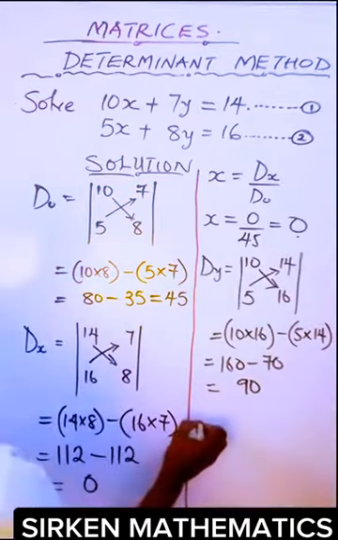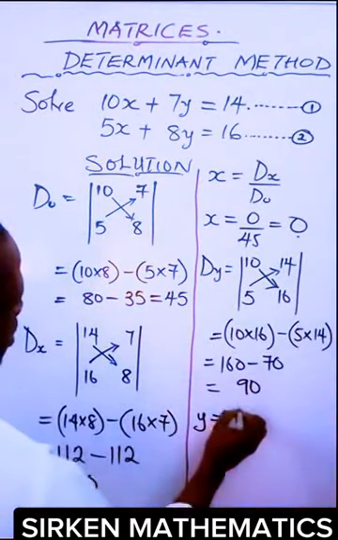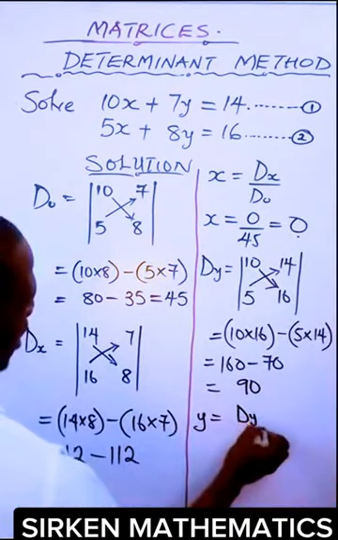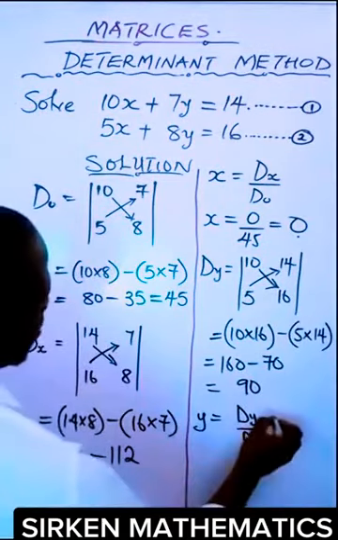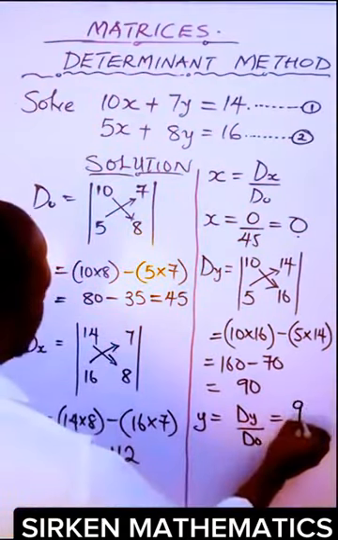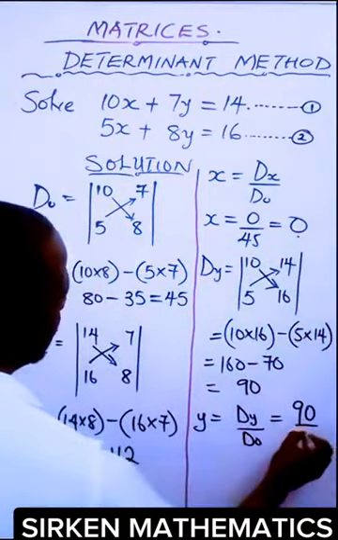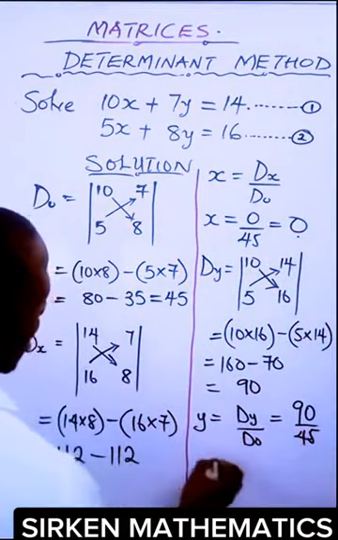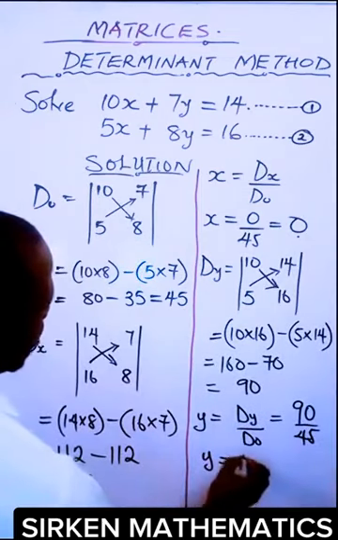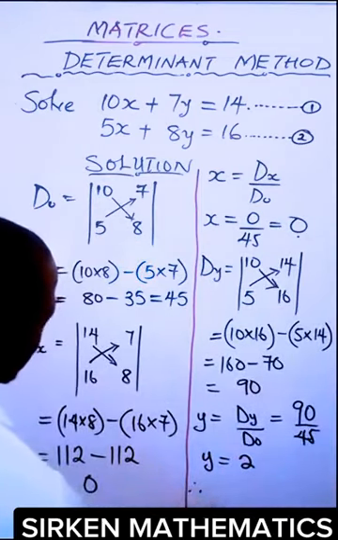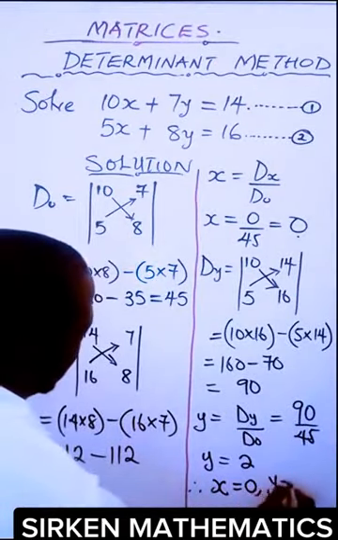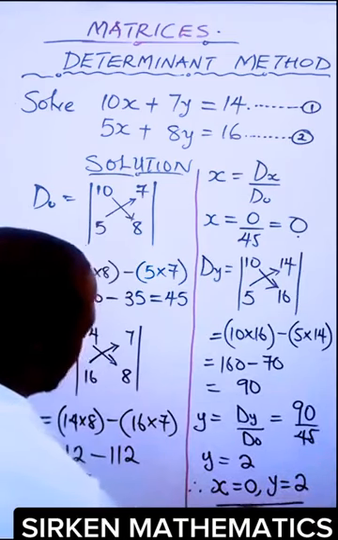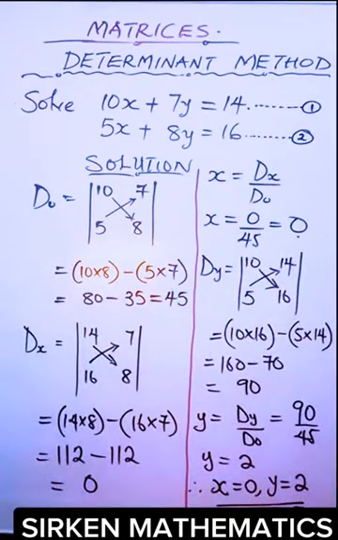So to get y, it will be the determinant of y over the original determinant, which is 90 over 45. And if you go further, y will be 2. Therefore, x is 0, y is 2. Very simple.